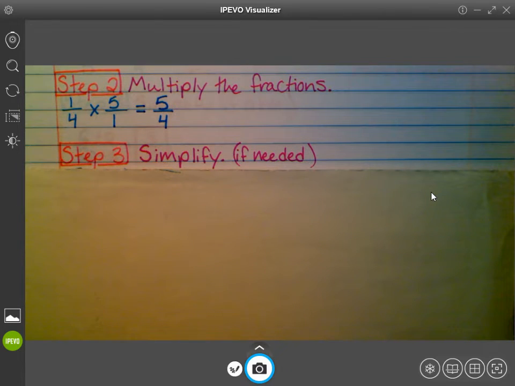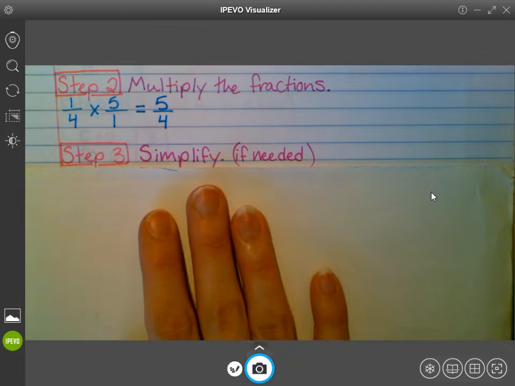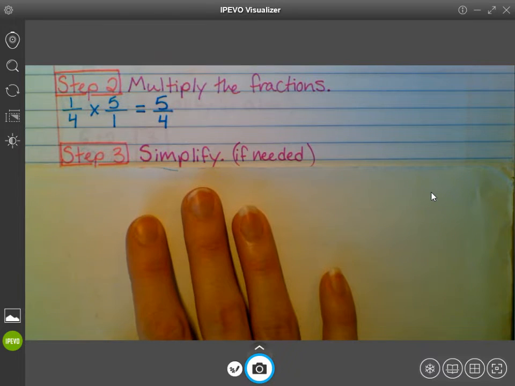And if you're kind of getting stuck, like, oh man, I don't remember how to turn an improper fraction into a mixed number, I'll show you here in a second. I just want you to try it on your own first.